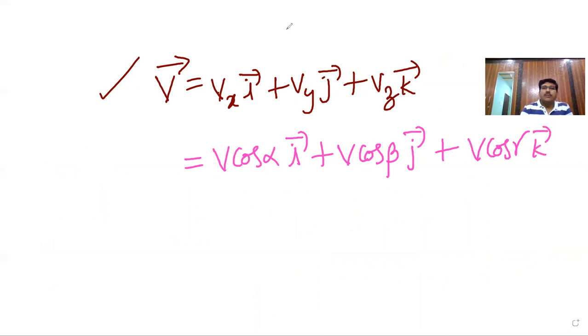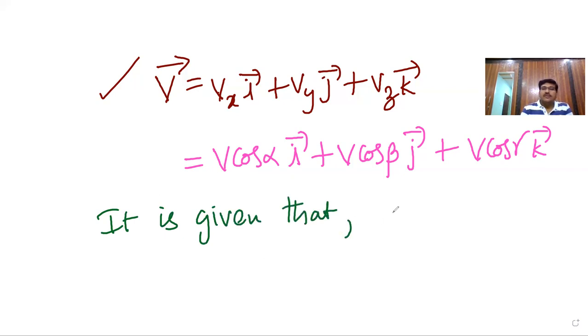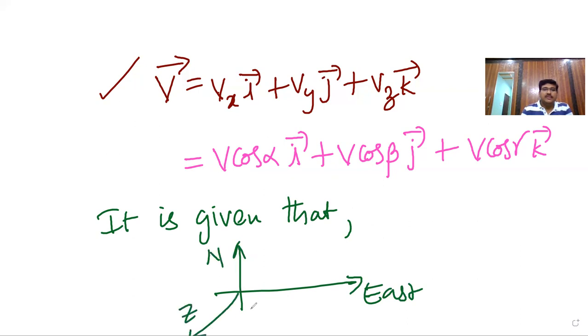Now, in the above problem, it is given that V is making an angle with the east direction. This is east, this is north, and this is vertically up, the z-axis. Here, this is the velocity V. V is making alpha with east, 60 degrees.